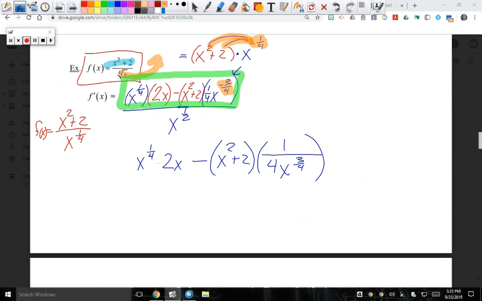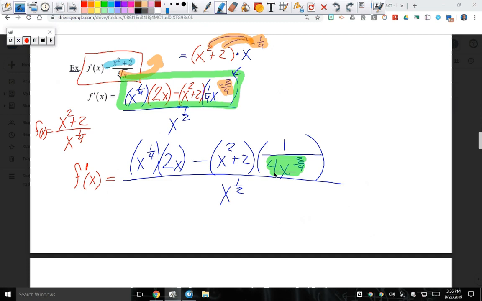Do you see what's going on right now? Okay, so this times 2x minus that, and I'll get x to the 1/2. You go with me?